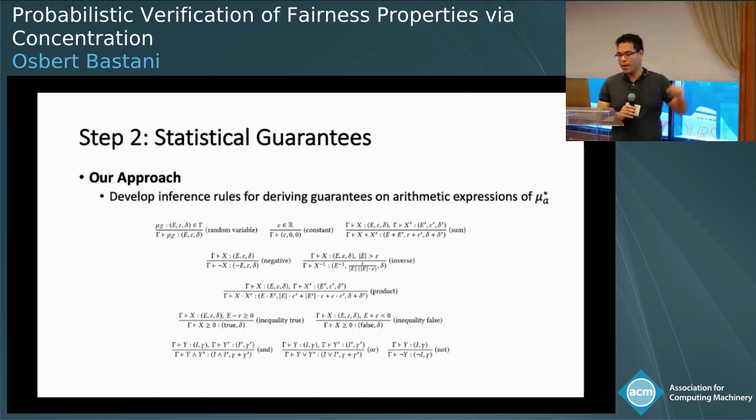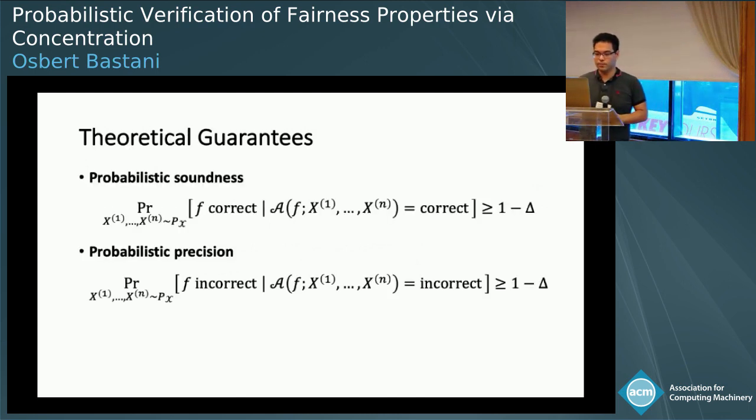And y parity star is an arithmetic expression of mu a star, so you can use these inference rules to derive the desired bound. Again, I'm not going to go into details about how these inference rules work, and you can see our paper for details on that.